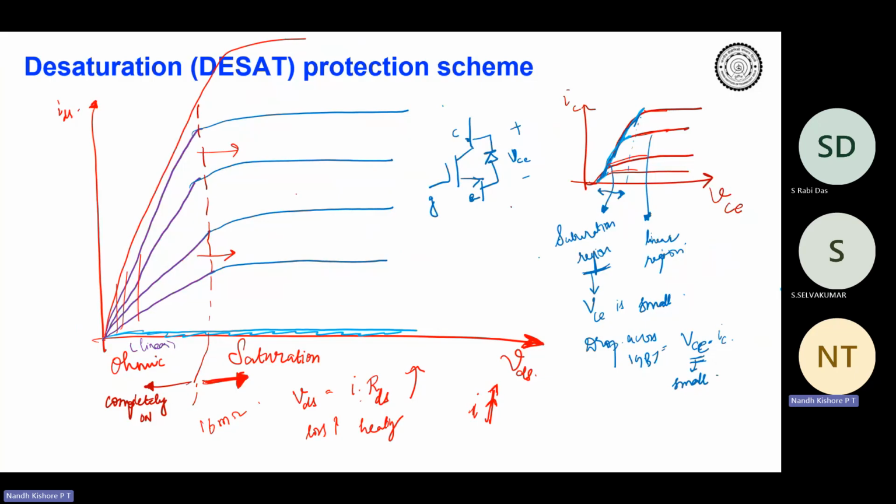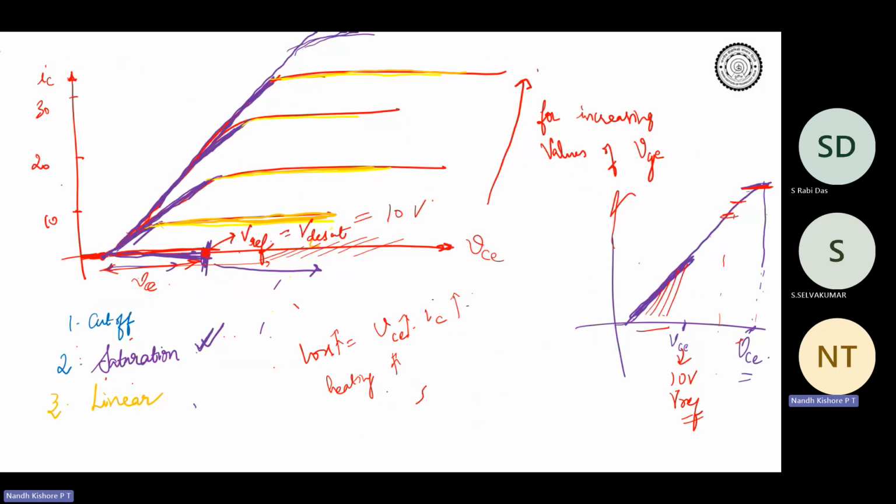And for IGBTs, the nomenclature is a little bit different, in the sense that the violet colored region is called the saturation region for the IGBT and the yellow colored region is the linear region. But nonetheless, the idea is that you want to operate somewhere over here where the MOSFET channel or the IGBT can be approximated like a linear resistor, that is an RDS, right?